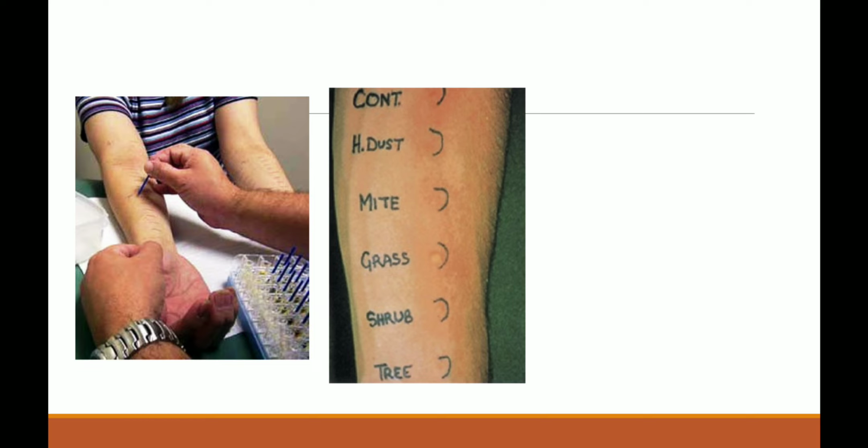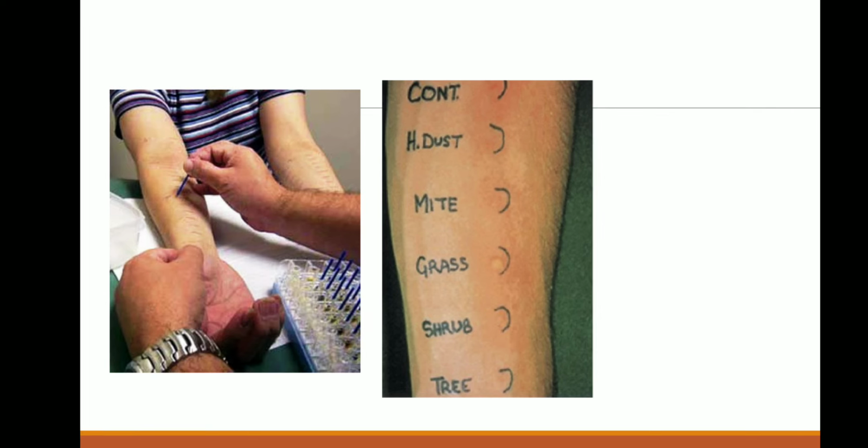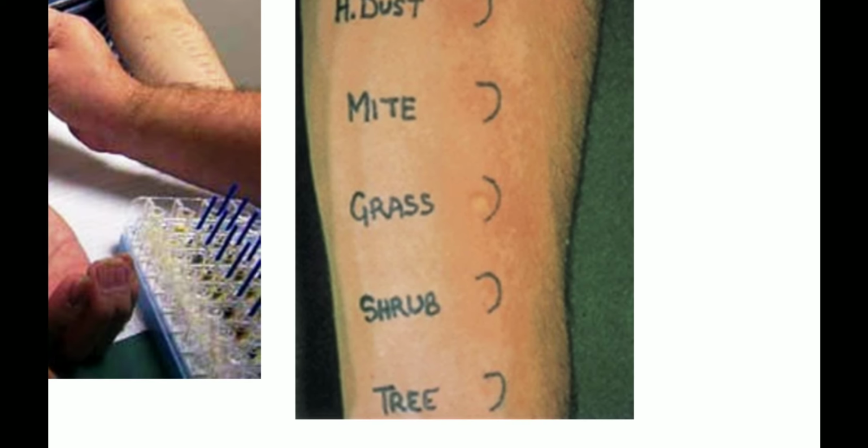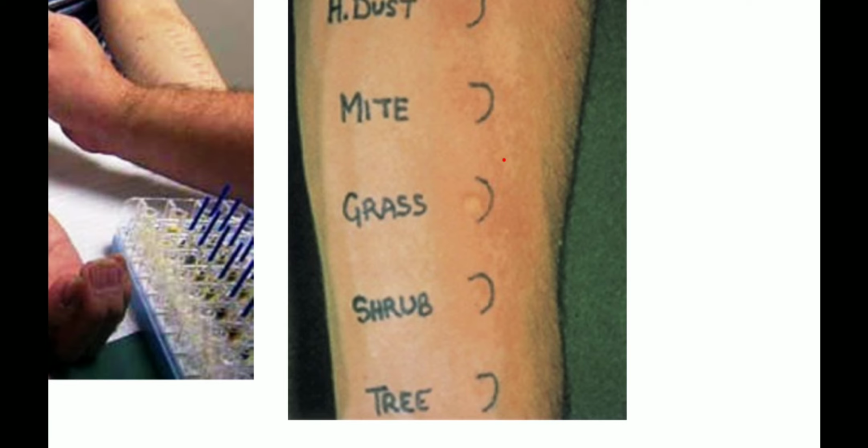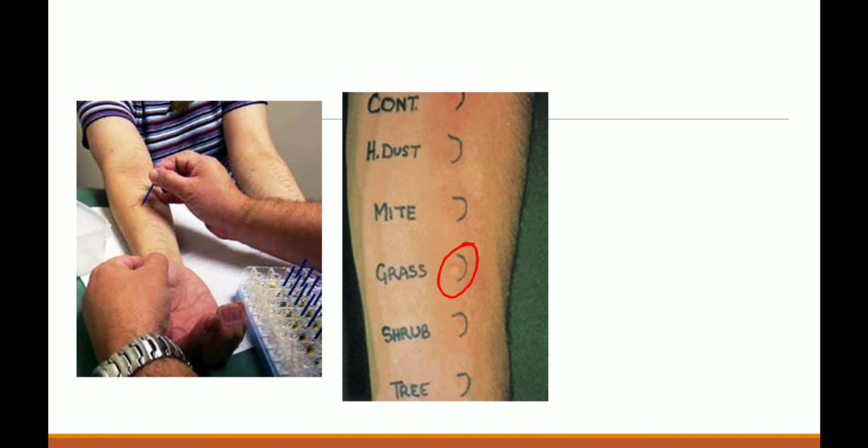See in this diagram, when the grass allergen was injected, the patient developed a wheal, which suggests that the patient is sensitive to the grass allergen. So that is a skin prick test, which is commonly done.